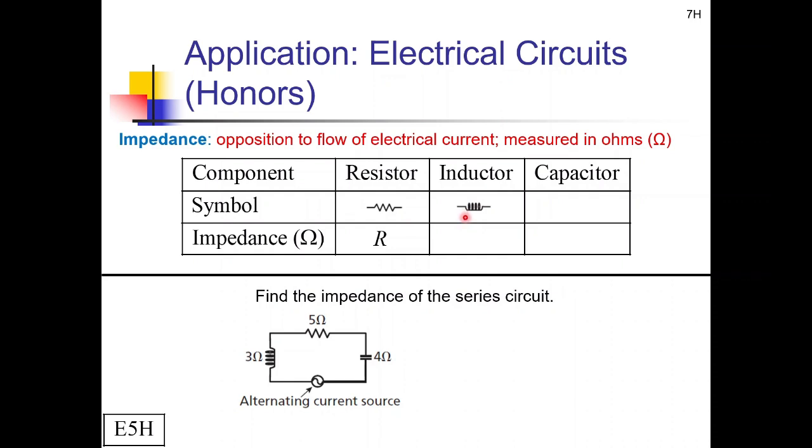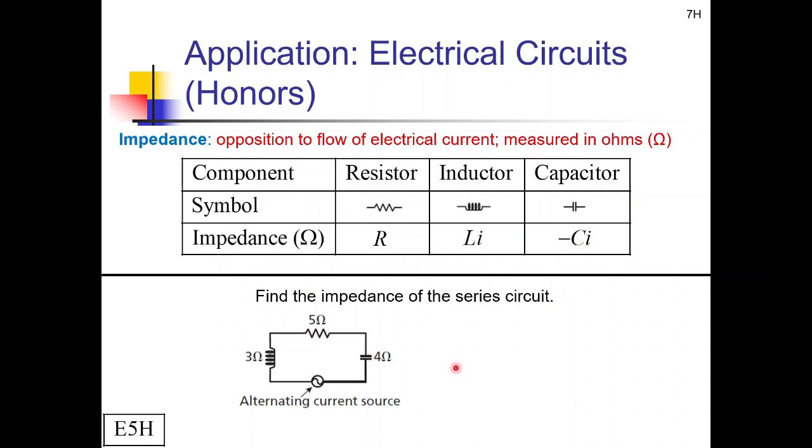And the way we represent the impedance of those is with a positive imaginary number, which I'll call Li. The L is just a number, but you have an i next to it. The capacitors, those are these little double dash sort of deals, and those are represented using negative imaginary numbers. And I'll just put a negative C next to the i to represent that.